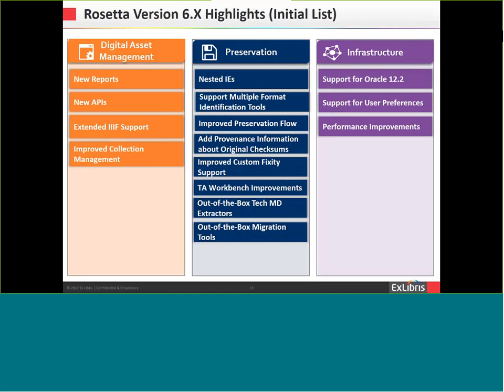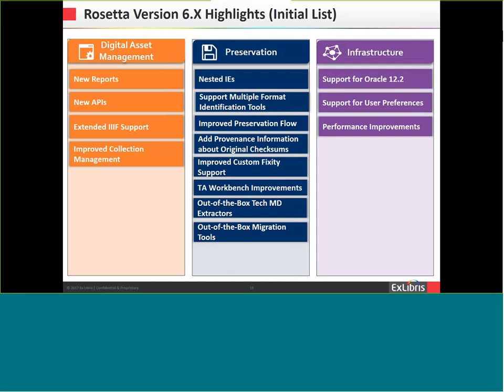And for release 6.1, and this is for next year, we are looking into nested IEs, which is also a very strategic part of our compliance with Premis 3, another strategic feature which is currently being cooked up by the work groups. And many other features, as you can see here, which we are looking into in the preservation area, expanding the out-of-box extractors and other tools, and continuing to improve the preservation flow.